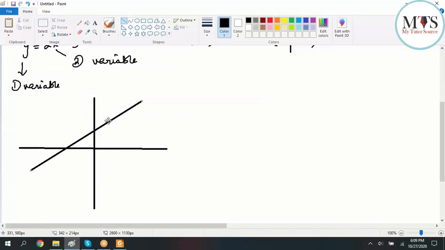If it's cutting more than once, it's not a function.